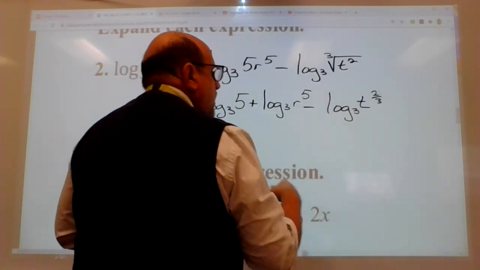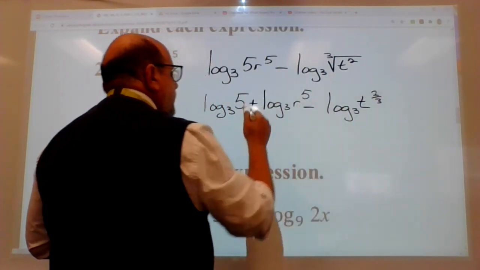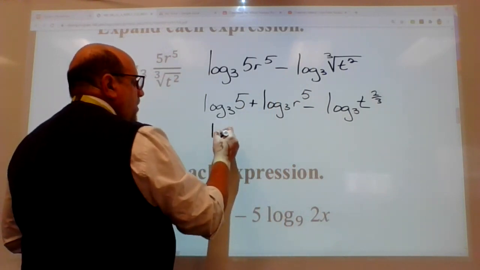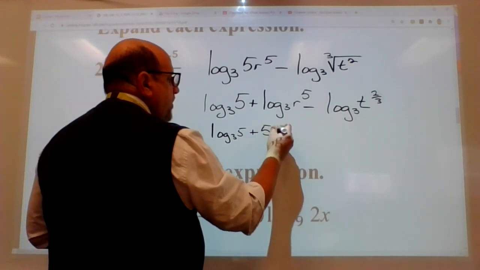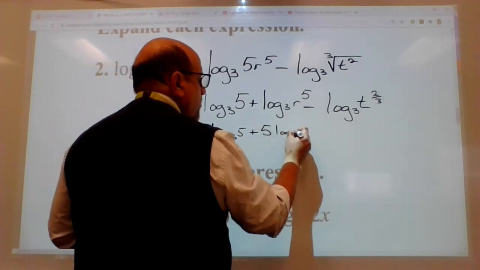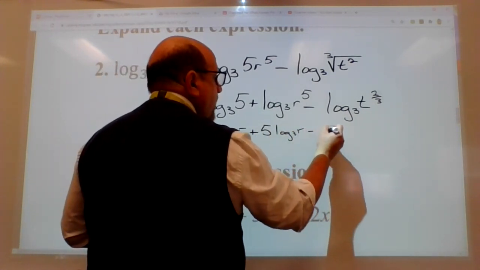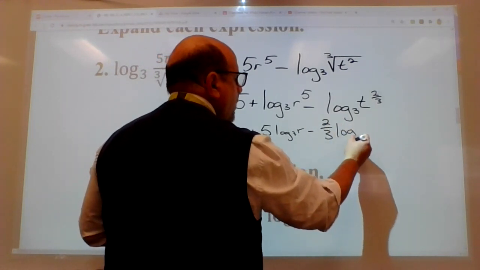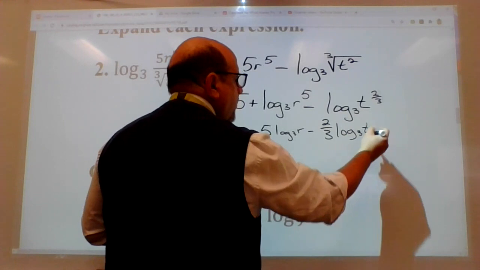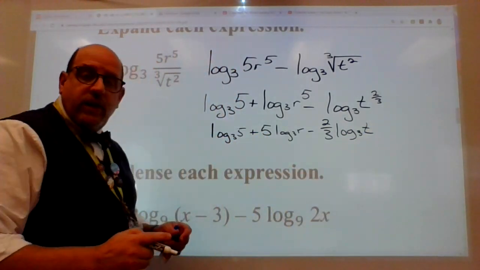And then we can take our powers and put them up front. And we say log base 3 of 5 plus 5 log base 3 of r minus 2/3 log base 3 of t. And that's really it.